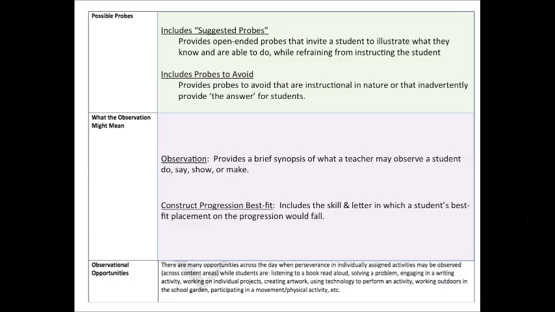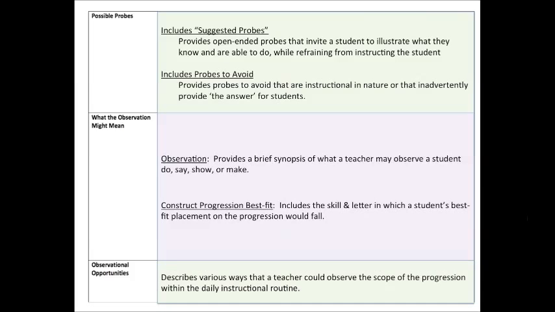Then it will identify the skill and the letter. The last section acknowledges that the particular skills identified on the situation can be observed in many situations. So the observational opportunities row describes the various ways that teachers could observe that progression within that daily instructional routine.